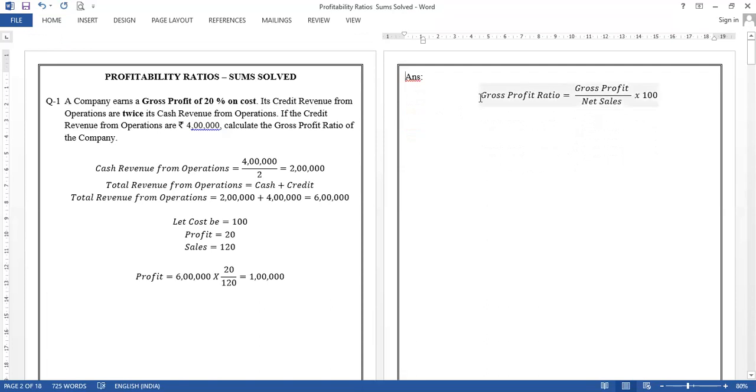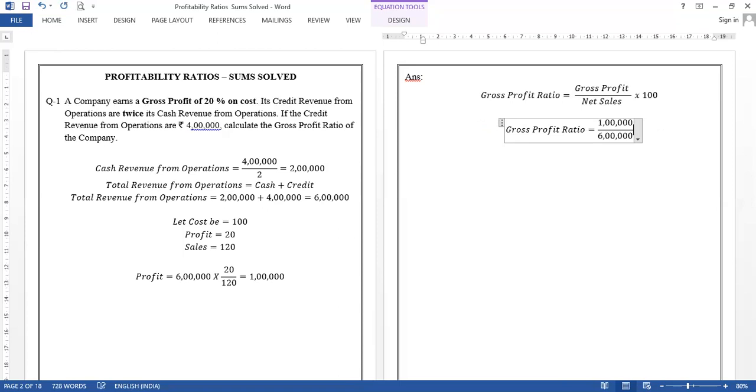Let us apply the values over here, because I have gross profit with me and I have sales with me. So let us have the values in the gross profit ratio. Gross profit ratio is equal to gross profit, rupees 1 lakh, net sales, rupees 6 lakh, into 100.